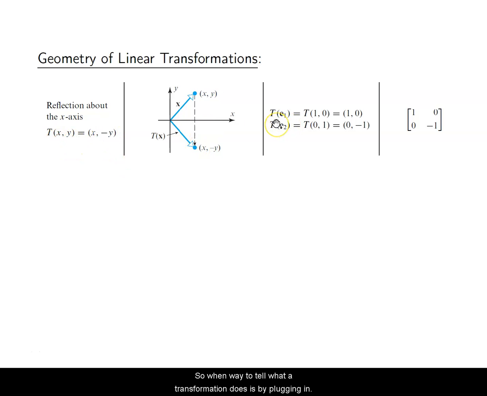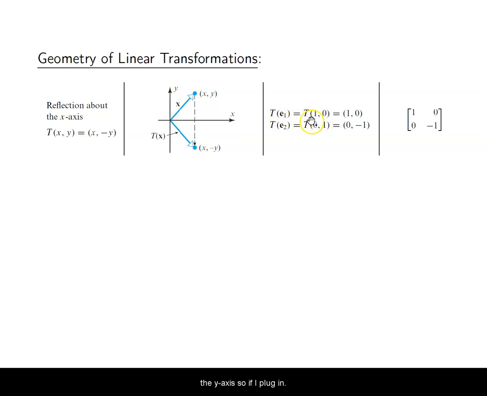One way to tell what a transformation does is by plugging in what we call an elementary vector. Elementary vectors, or what we also like to call unit vectors, are the vectors that make up the axes. So (1, 0) means you go over 1 and up or down none. This is representative of the x-axis, and (0, 1) is representative of the y-axis.